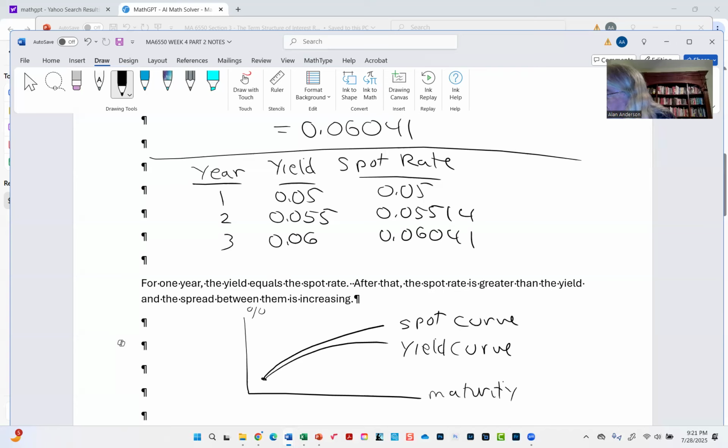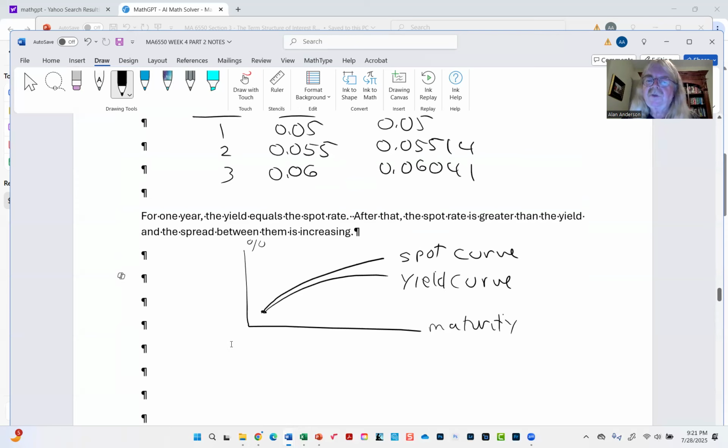They start out at the same point, they rise together, and as the maturities grow, the spot curve is getting further and further above the yield curve. That's what you would expect here.